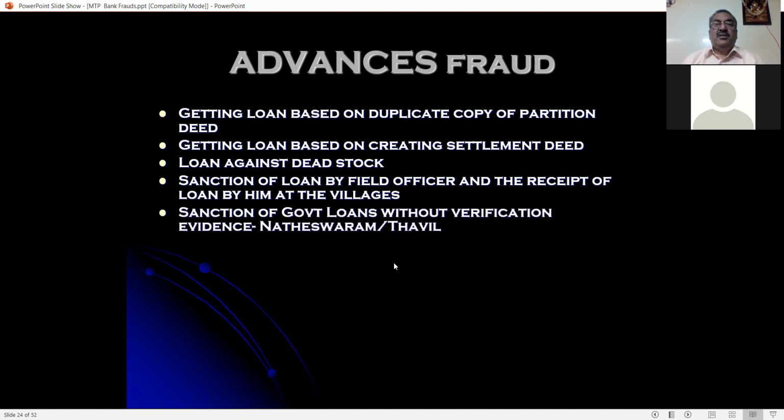And this is also another experience that I want to share with you. That is sanction of government loans. Previously, I think seniors knew this. Now there are a lot of government loans. Previously, small loans were sanctioned by banks to help poor people.